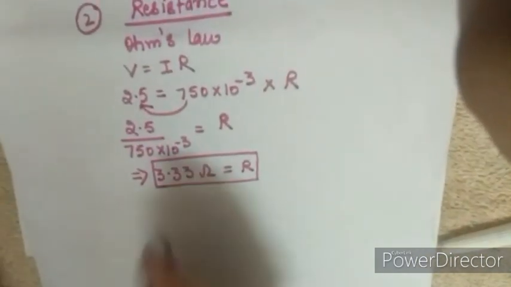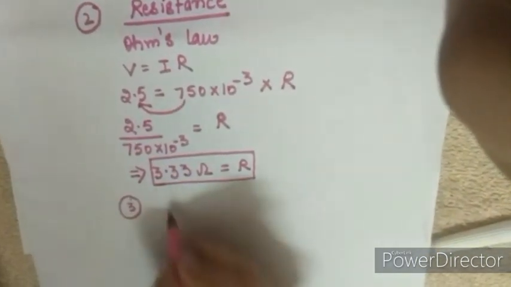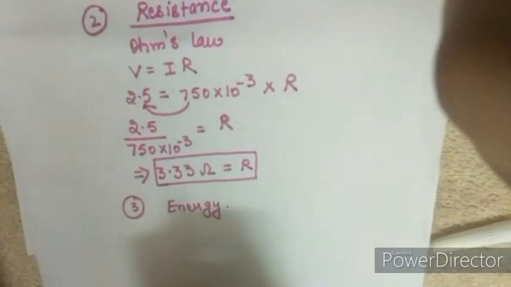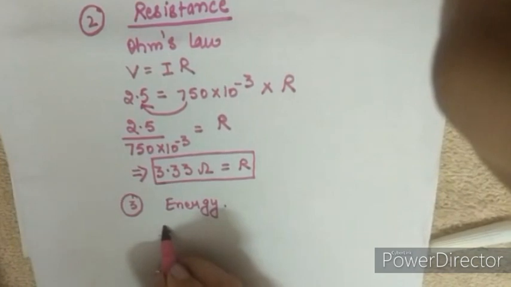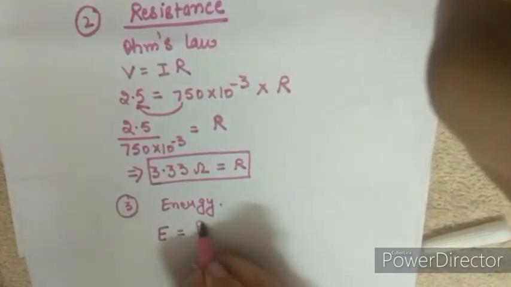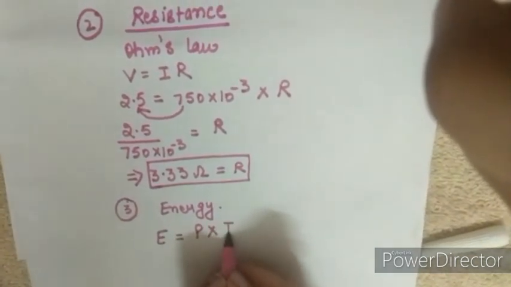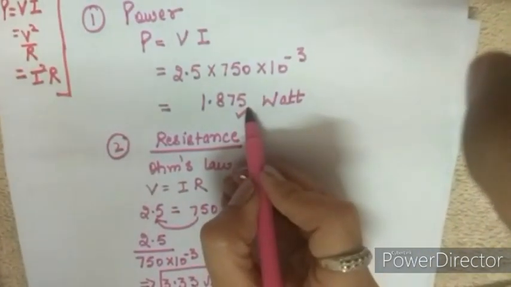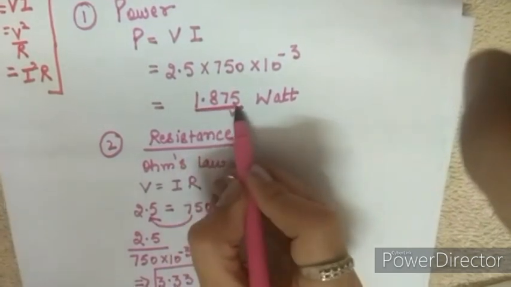The third thing that we need to calculate is energy. Now the simple formula to calculate the energy is power multiplied by time. So here we calculated the value of power, that is equal to 1.875.